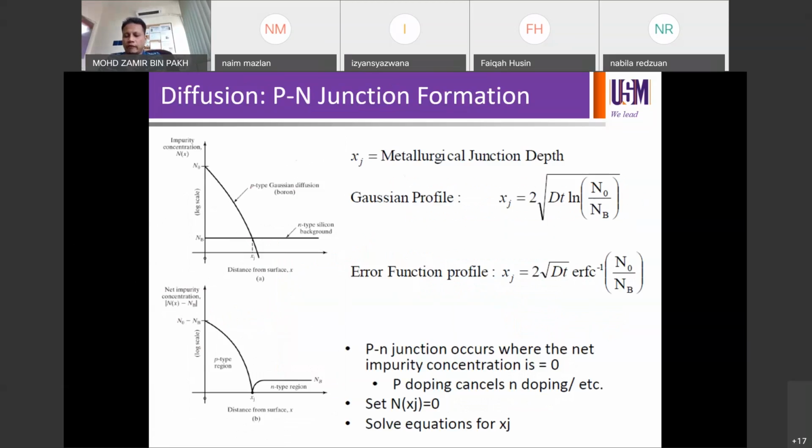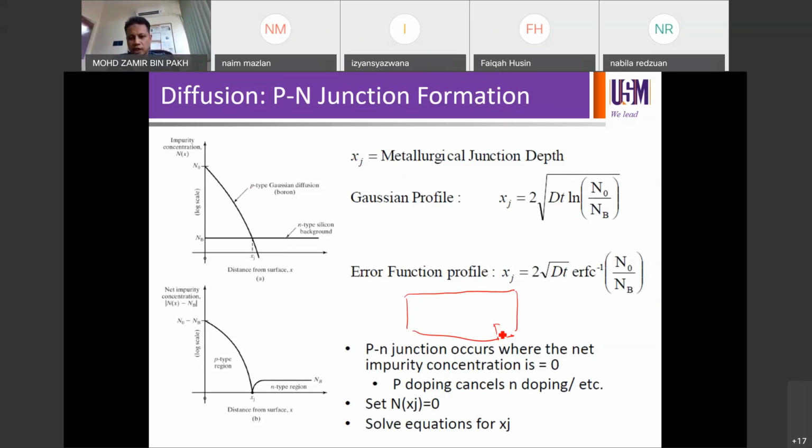Right, we have learned in our last lecture that you can determine your junction depth after your diffusion process. Before this we learned about the PN junction, let me just sketch here.